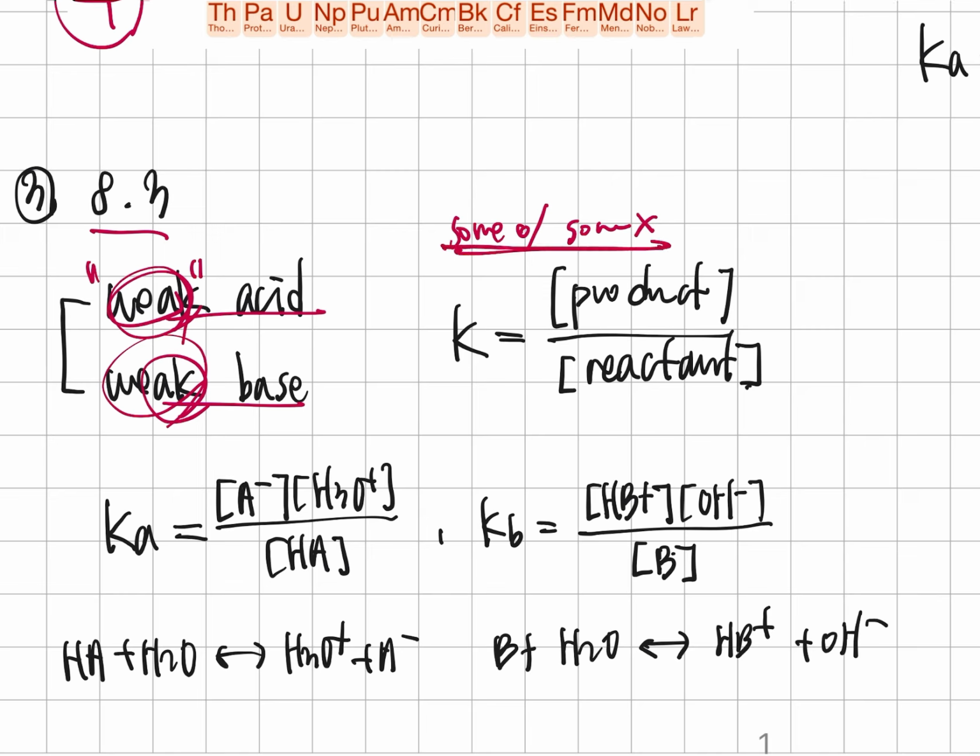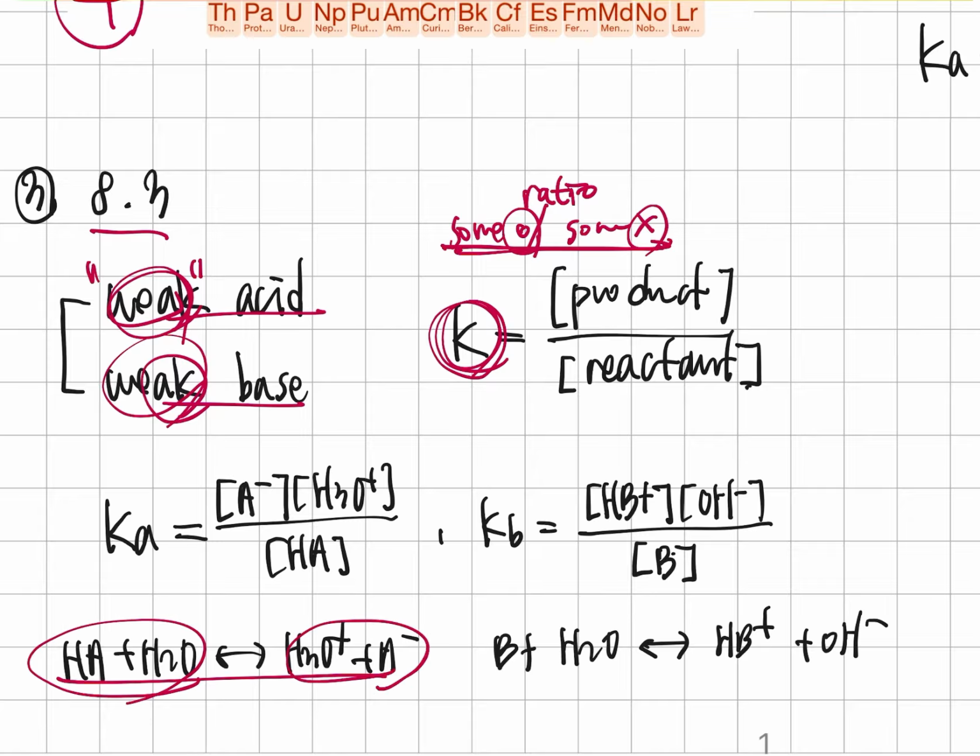That ratio of the ones that have separated and the ones that have not separated, we express with a K value. Say that we have an equation like this, with the products on this side and the reactants on this side. We're not going to look at water because it is a liquid. Everything else is an aqueous solution, so we are only going to regard these.